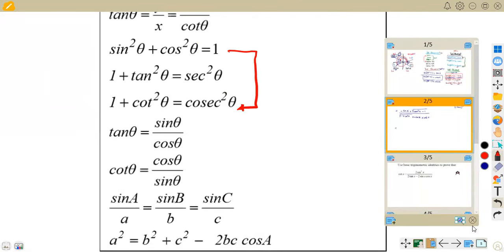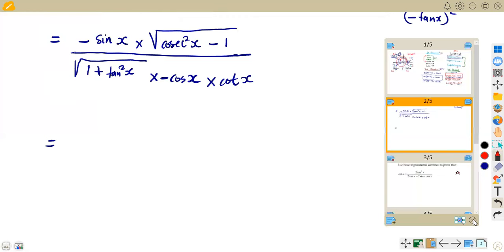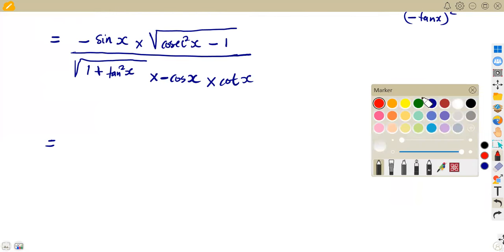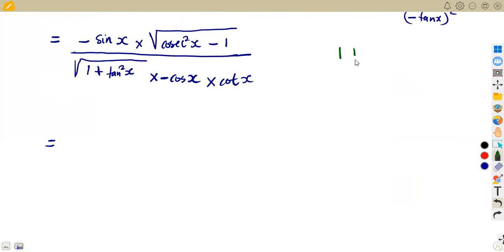Here we are referring to cosec squared x minus 1, so we have to play around with where there is cosec squared x. We are told that 1 plus cot squared x is equal to cosec squared x. What made us have cosec squared x minus 1?